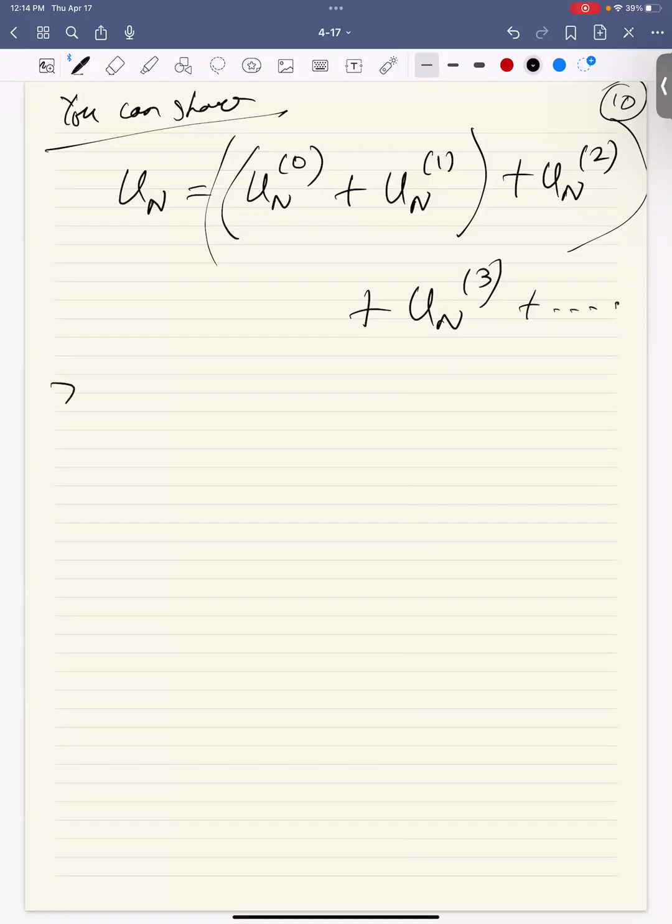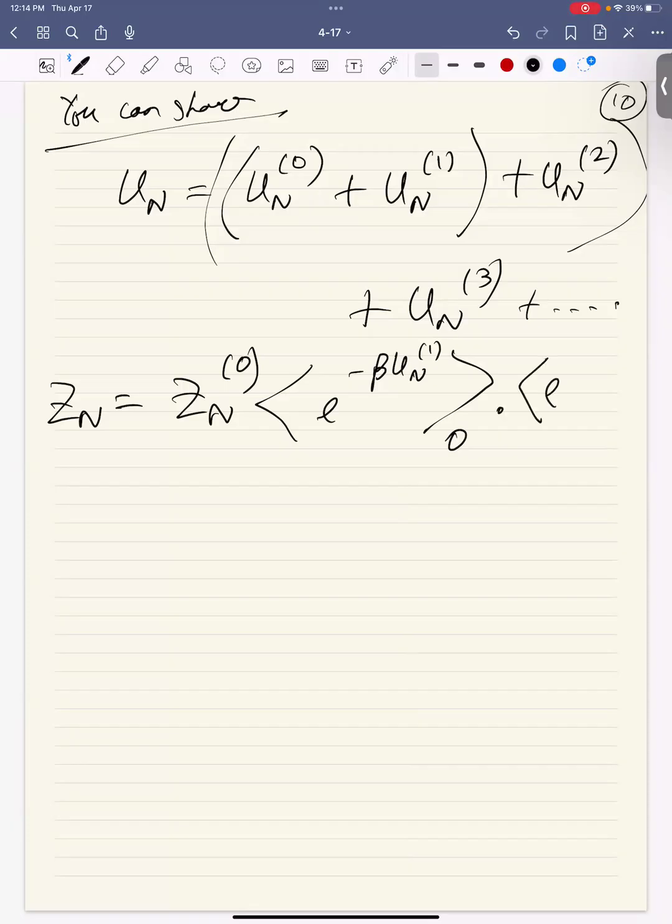Then you can show that Zn will be given by, again, Zn0, the partition function in the reference potential, multiplied by e to the power minus beta Un1 calculated in 0, multiplied by e to the power minus beta Un2 calculated in 1.